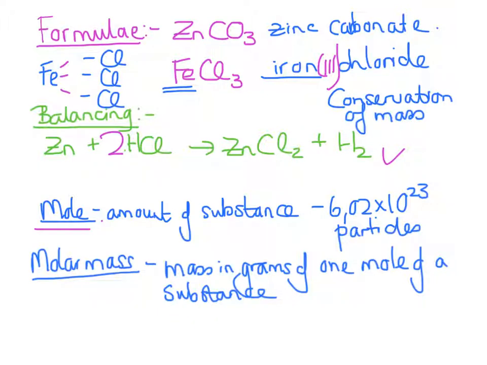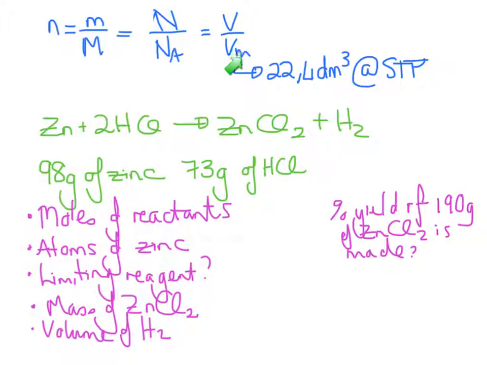The definition for molar volume is not required, but I can certainly ask you to explain what molar volume is. So, what is molar volume? It is the volume of 1 mole of gas at standard temperature and pressure.